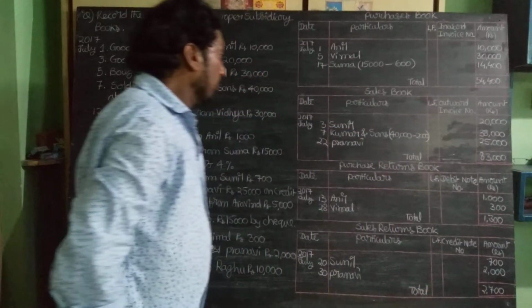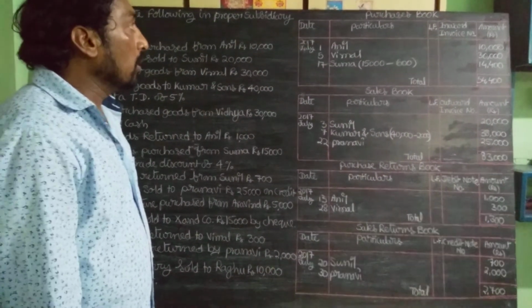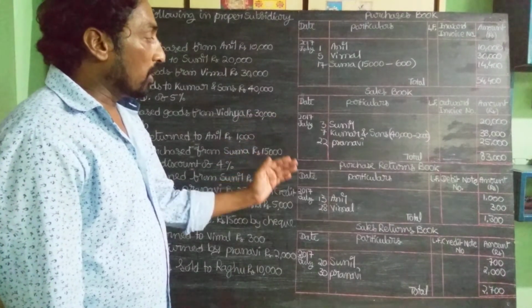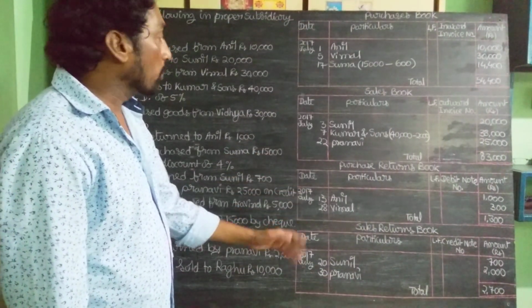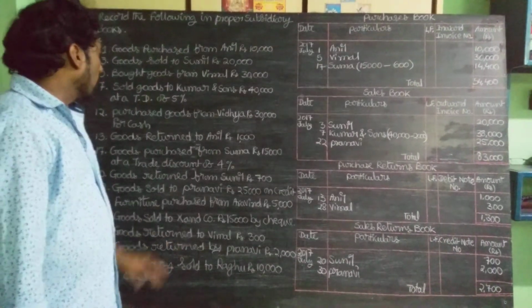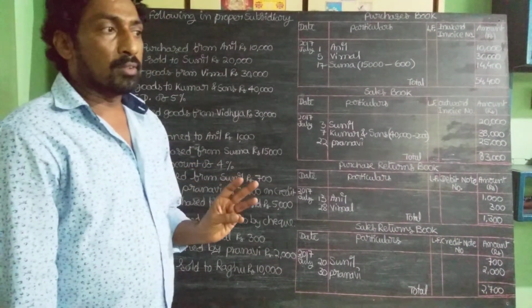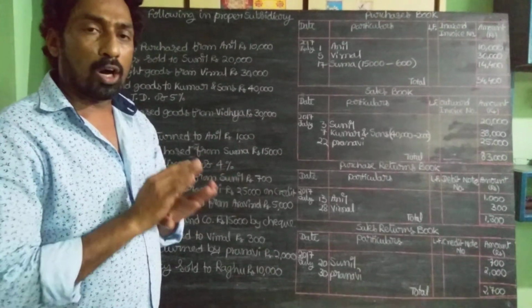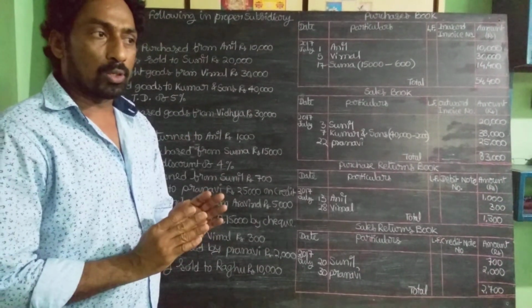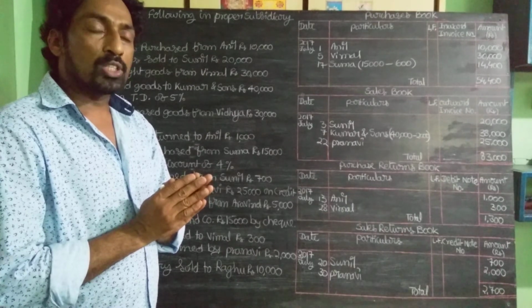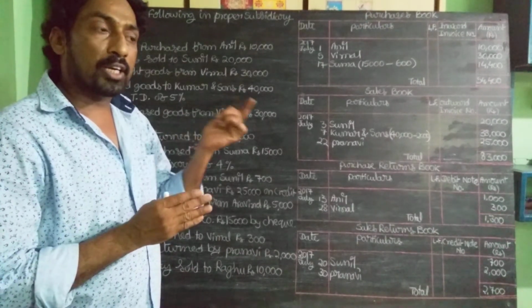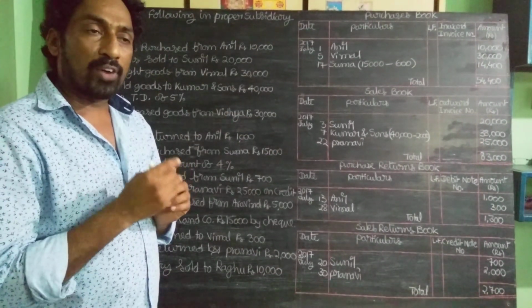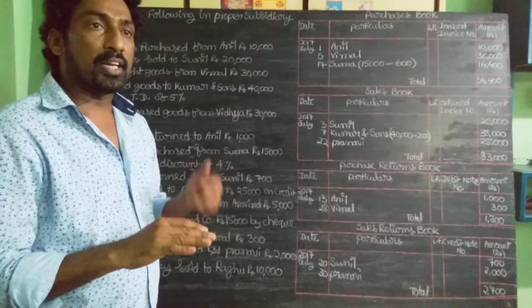So this is how to record the purchase book, sales book, purchase returns book and sales returns book from this question. Assets purchased on credit are not recorded in the purchase book. Assets sold are not recorded in the sales book. Goods purchased for cash or by cheque are not recorded in the purchase book, and goods sold for cash or cheque are not recorded in the sales book.